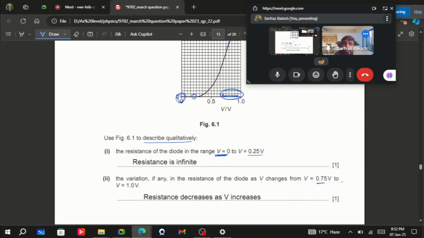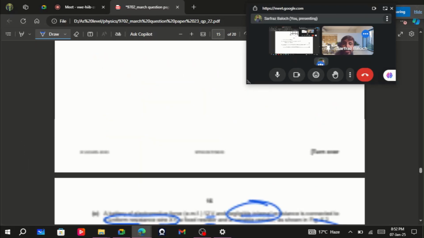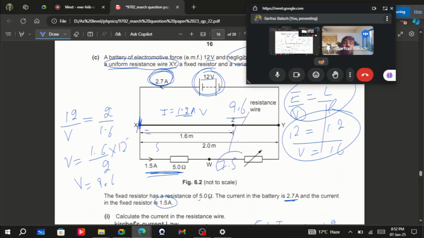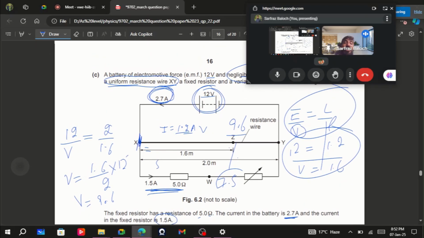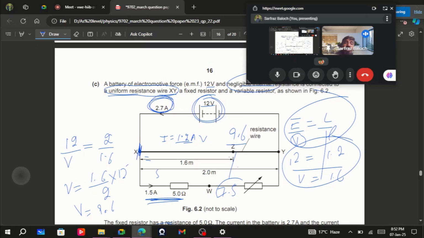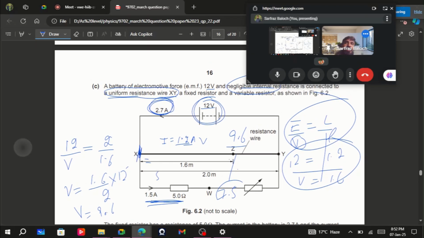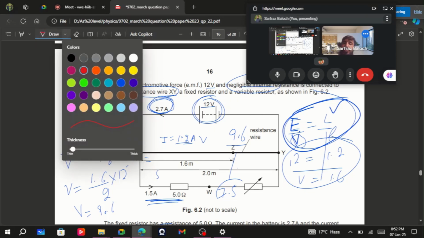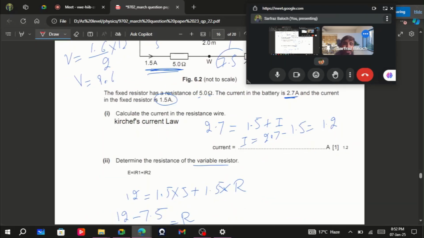Here again you can use the relationship of electromotive force, comparison of electric potentials in the form of lengths. So again here you will use this formula, E is equal to L over small l times V. Now move next.